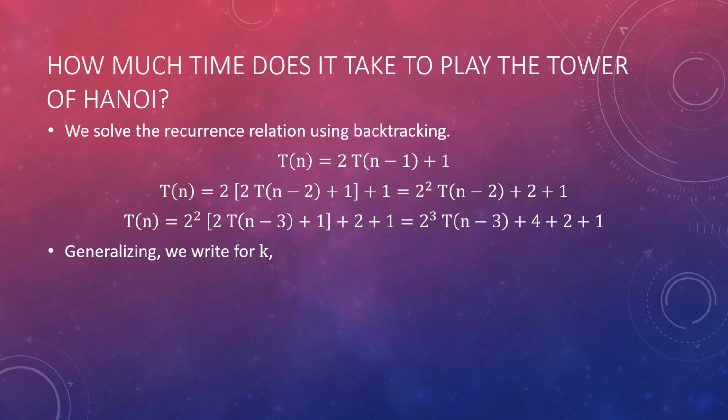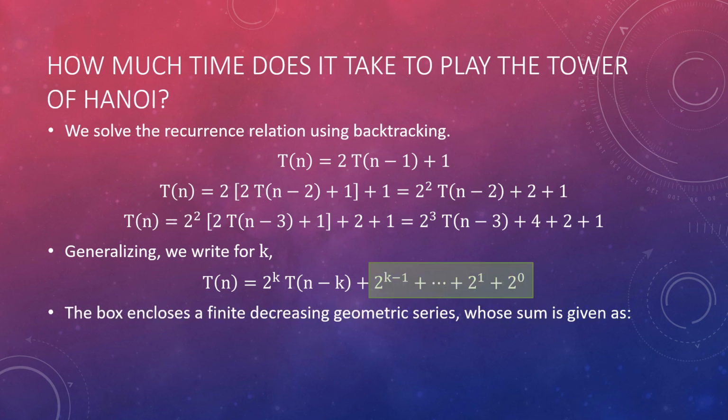Generalizing, we write for k. Tn is 2 to the power k, Tn minus k, plus 2 to the power k minus 1, all the way to 2 to the power 1, plus 2 to the power 0. The box encloses a finite decreasing geometric series.